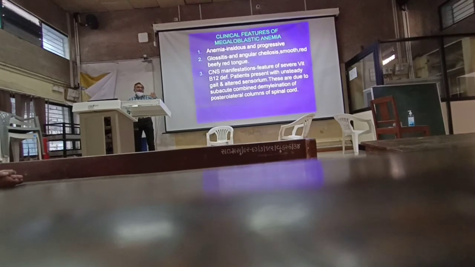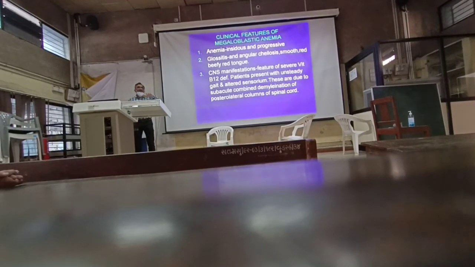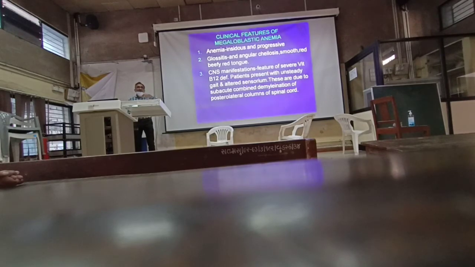A 40 to 50-year-old male presented to you with anemia in your OPD with tingling, numbness. You want to check whether it is a B12 deficiency or not. Let me check whether the posterolateral column is affected or not. Ask the patient to lie down, close his eyes.